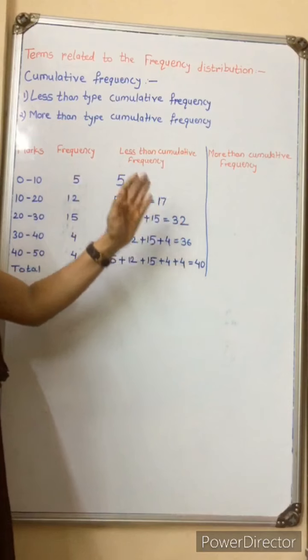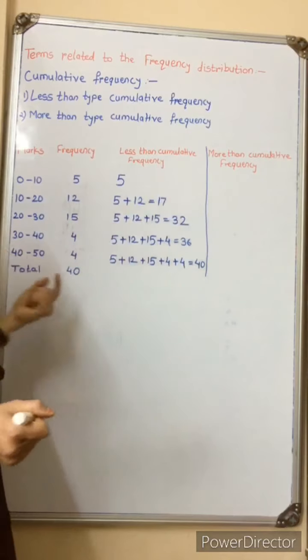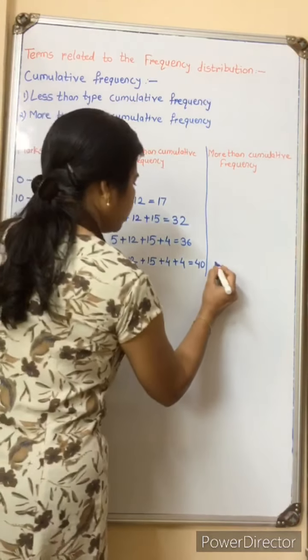When I say the number of students greater than, I always consider the lower limit of the class: greater than 10, greater than 20, greater than 30, greater than 40. So we calculate from this class. First value is 4.